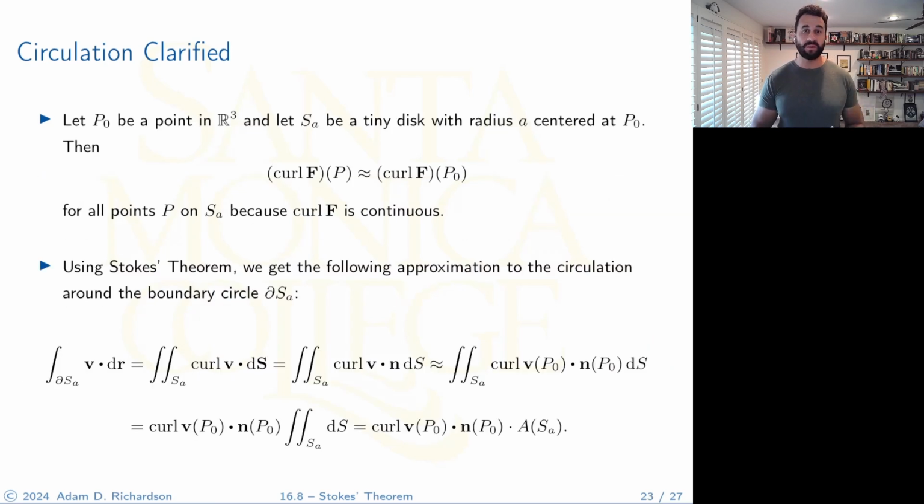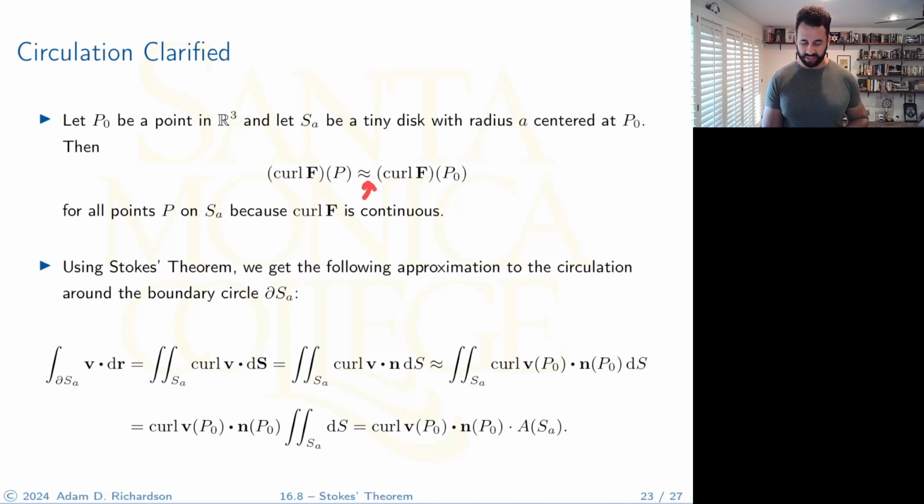Now, here's how we're going to connect it to curl. Let P naught be a point in R3, and let S sub A be a teeny tiny disk with radius A centered at that point P naught. So think of a very, very tiny disk with a very tiny radius. Then the curl of F evaluated at any point P in that disk is approximately equal to the curl of F evaluated at its center.